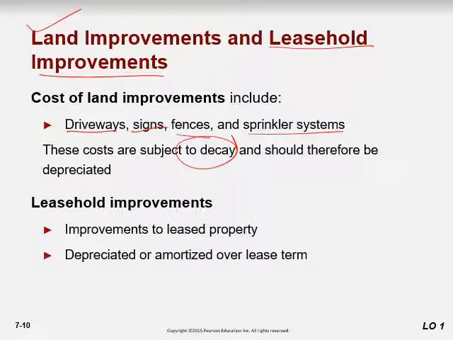For example, with the passage of time they lose their original value because you use them, right? So we call this depreciation. We will also learn its official definition, which is the use of the asset according to the life of the asset. And what are lease improvements?